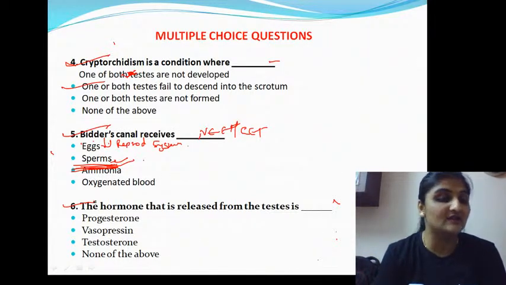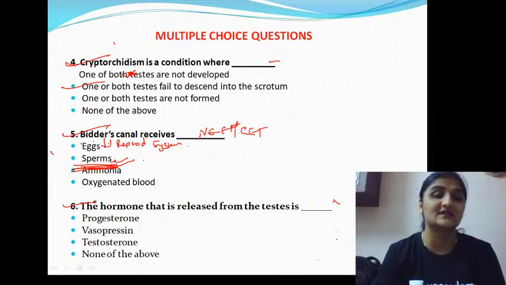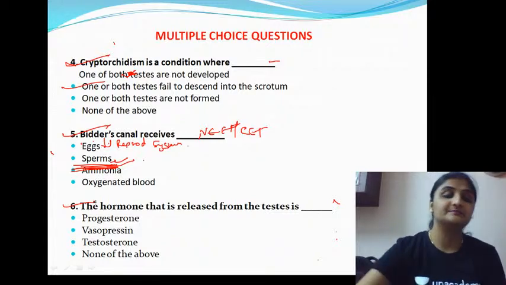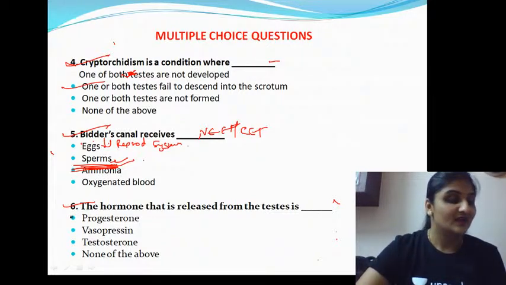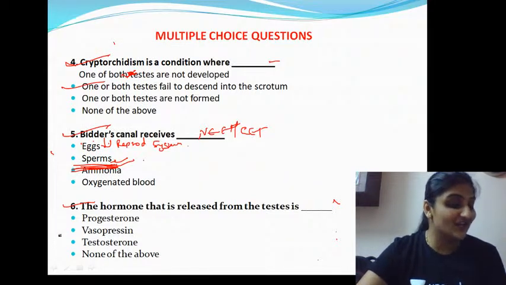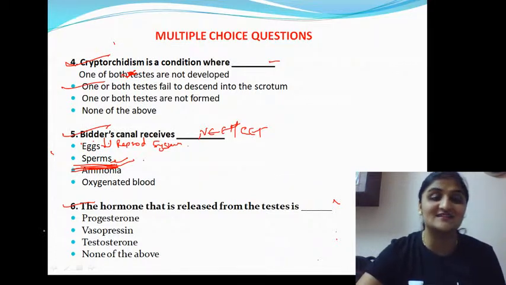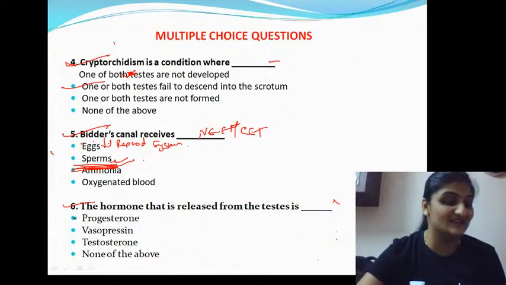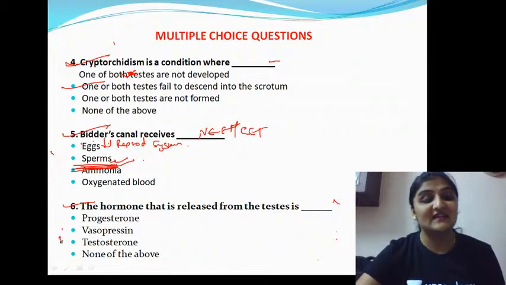The hormone that is released from the testes is, quickly... many students are coming up with the right answer, and that is testosterone.